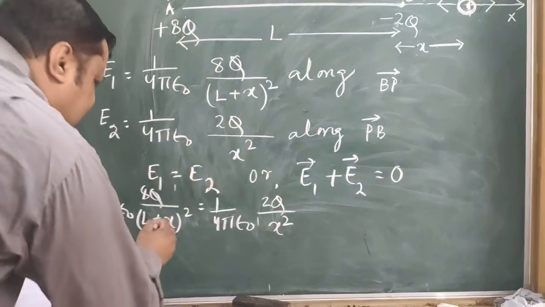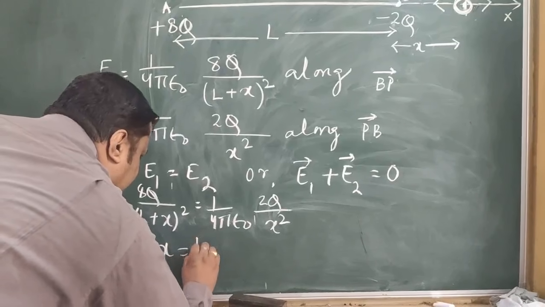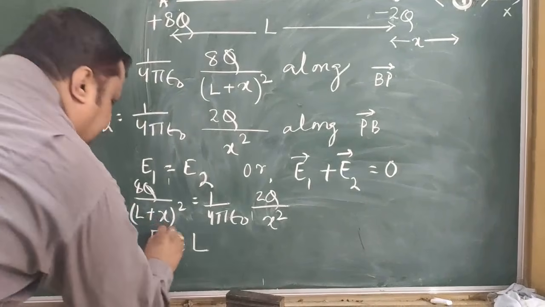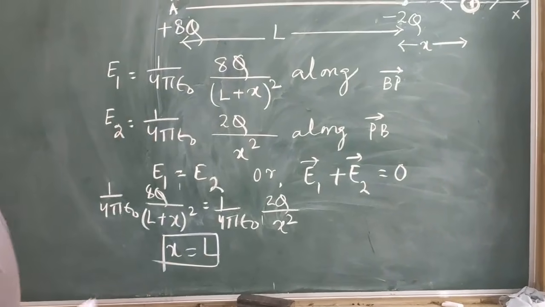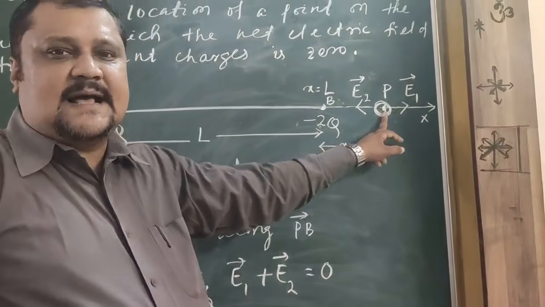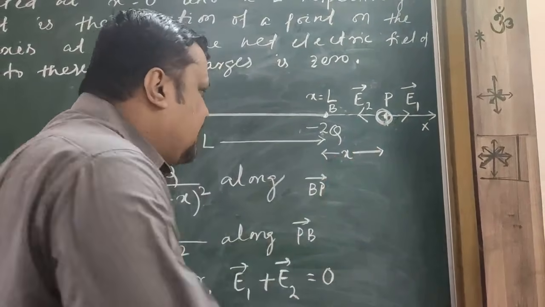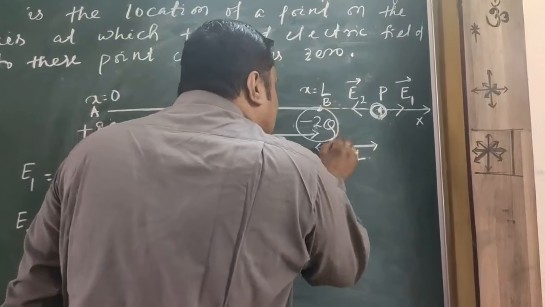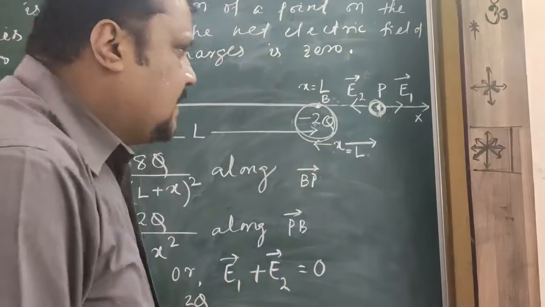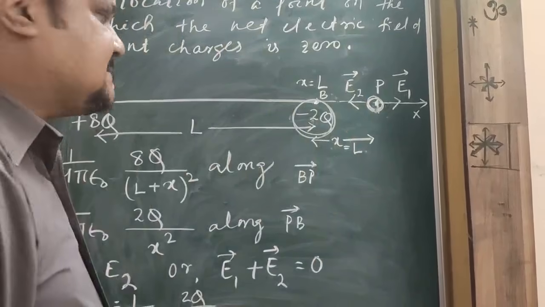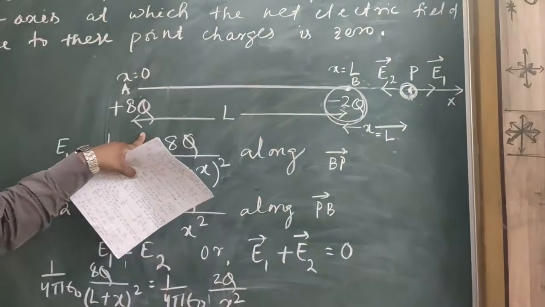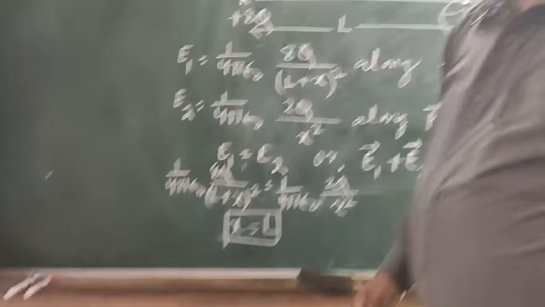By solving this, you will get x is equal to L. So it means the point P should be at a distance of L from the charge minus 2q, or at a distance of 2L from the charge 8q. Right? So this is the solution of this.